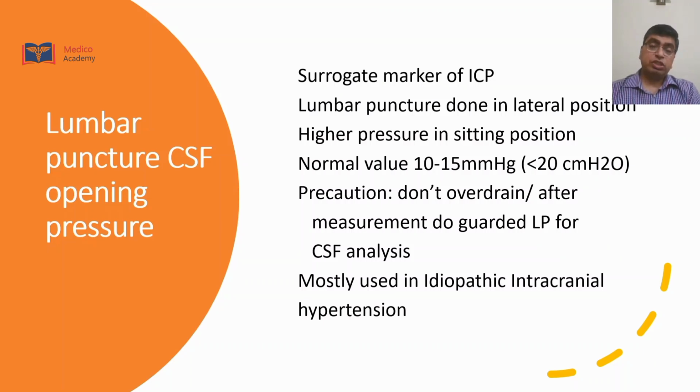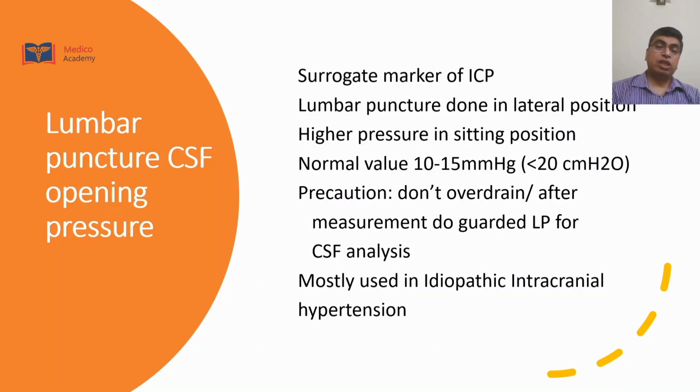As soon as you remove the stylet from the lumbar puncture needle, it should be connected to the pressure transducer to get an opening pressure reading. This will help give an almost correct intracranial pressure reading. This is mostly used in idiopathic intracranial hypertension.